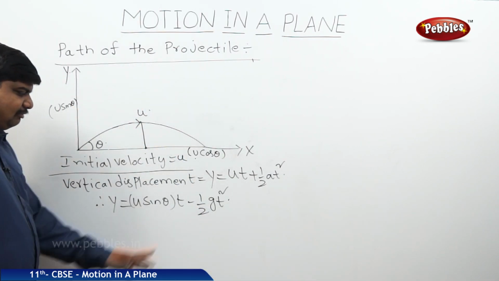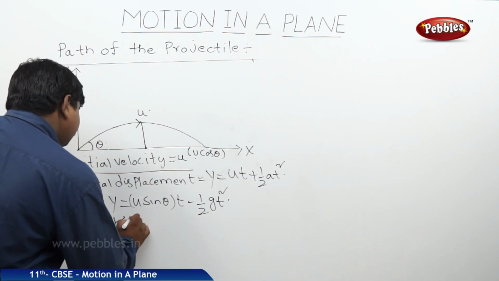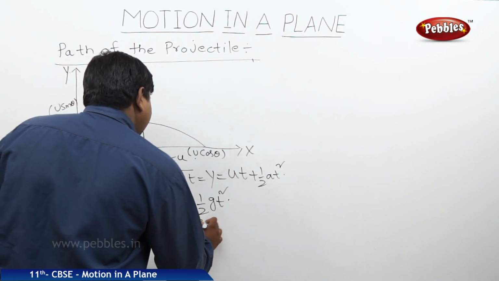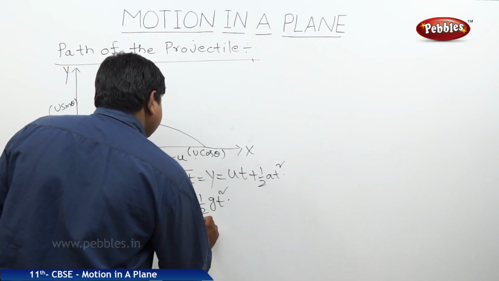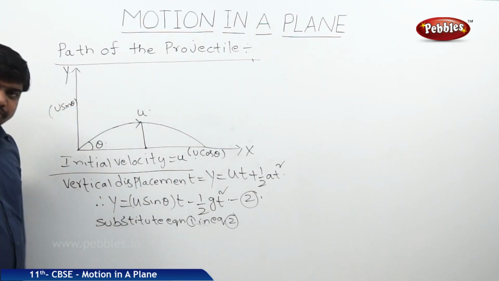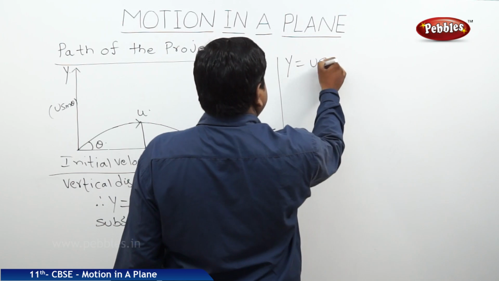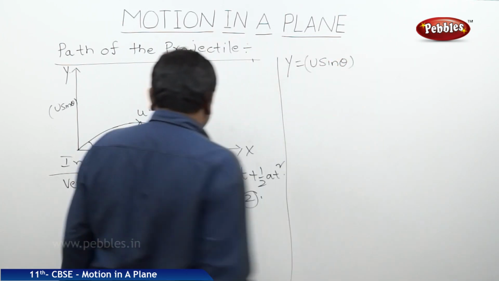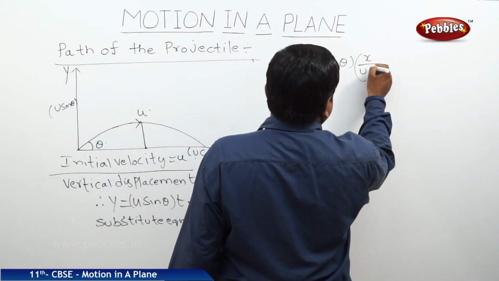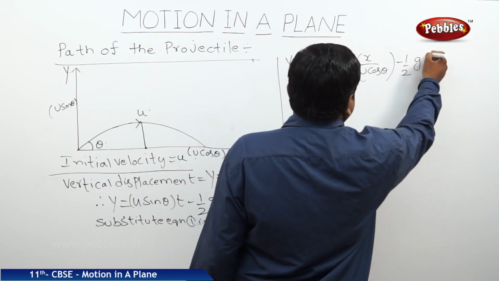Now we are substituting the value of t from equation 1. Let us say this is equation 2. Substitute equation 1 in equation 2. Therefore, y is equal to u sin theta into, so what is t? x by u cos theta, minus half g.